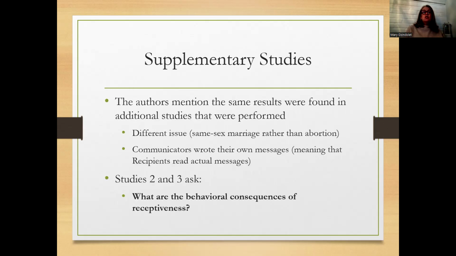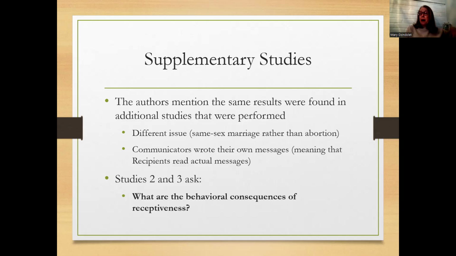Wow. So they also ran a couple other studies that they didn't include in this paper. My guess is that the reviewers said, well, just because this is true with abortion, maybe it would be different with some other issues. So they did the exact same study, but instead they used same-sex marriage rather than abortion.